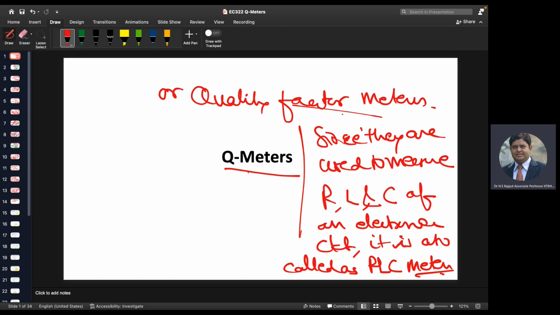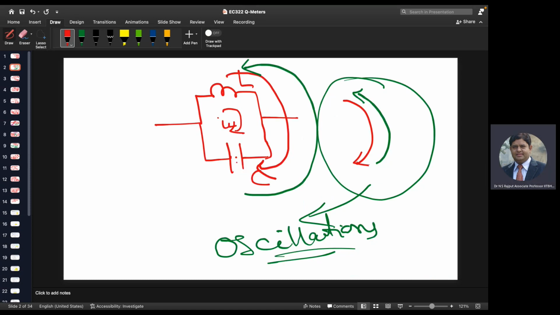So from here we start for Q meters. So in general, what are oscillations? If there is an L and C connected together in parallel, right? One will provide energy. The energy of the inductor is transferred to the capacitor. The capacitor is fully charged.